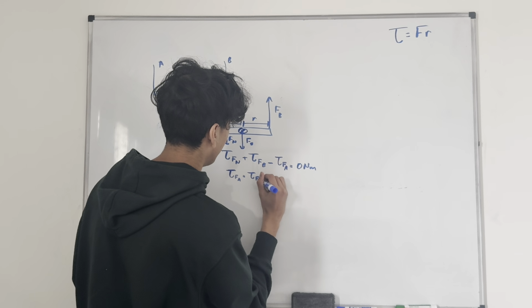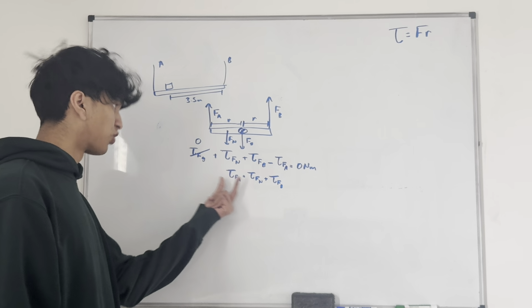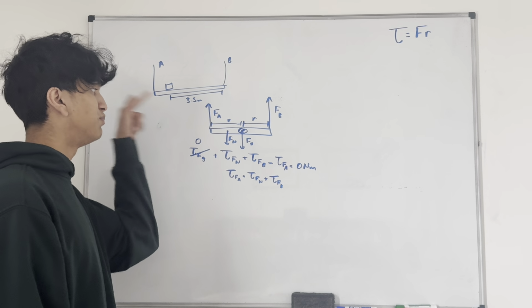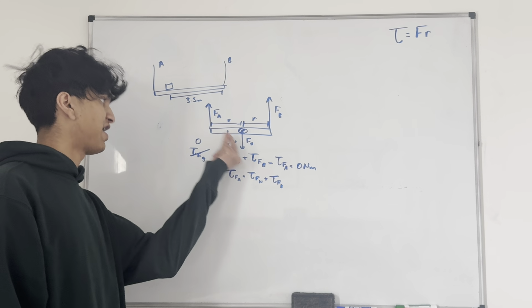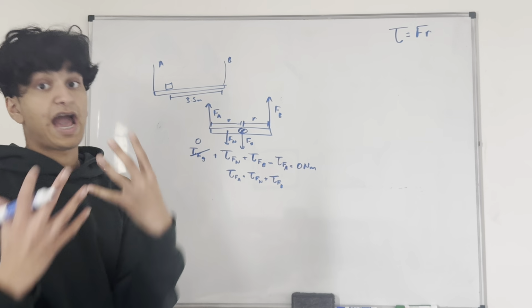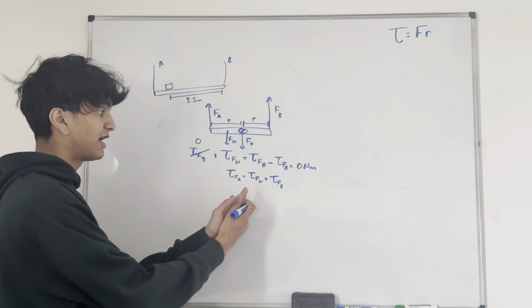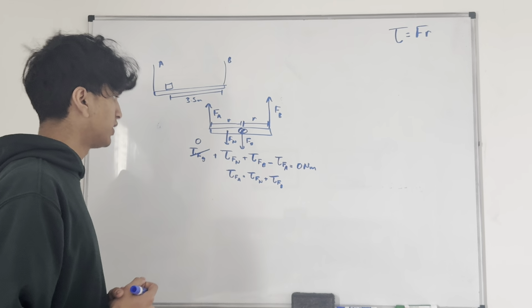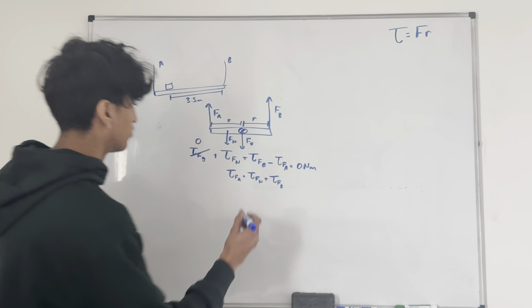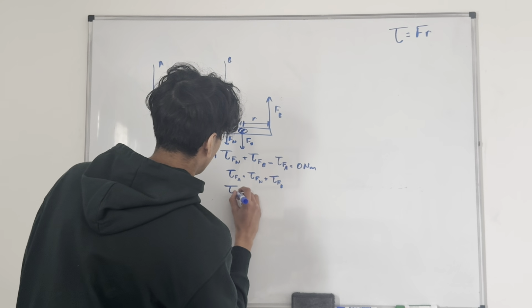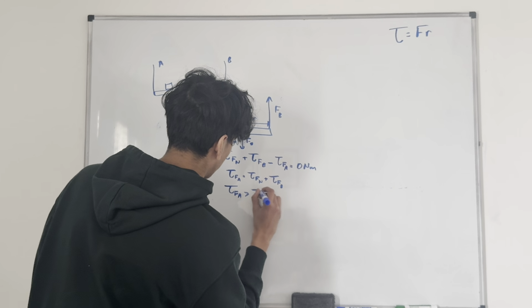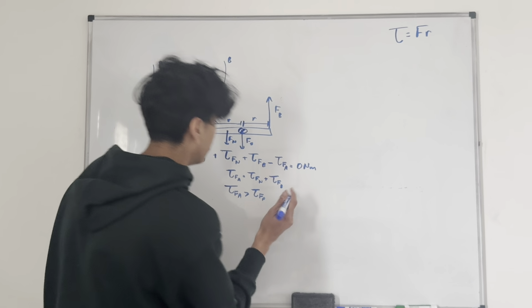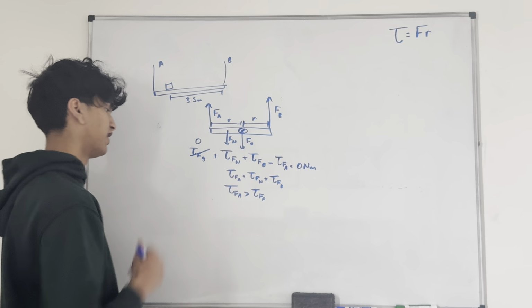And what does this mean conceptually? It just means the torque by this wire needs to balance out the torques by Fn and Fg. It has to be a greater torque to balance out two other torques. Well, what this means is the torque by Fa has to be greater than the torque by Fb, because it needs to balance out the torque by Fb and Fn.